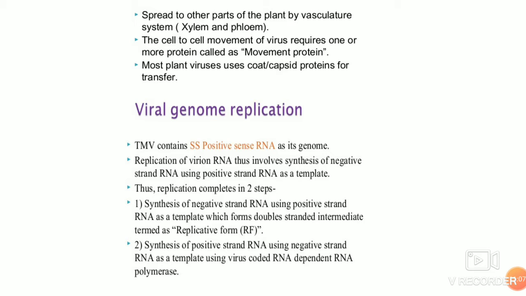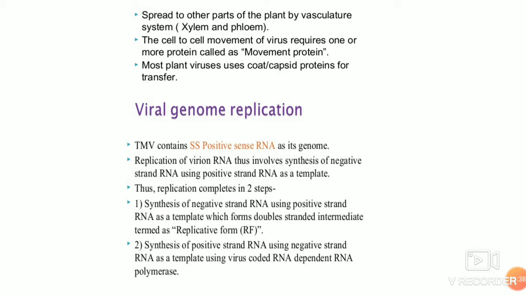First, viral RNA replication. The virus has a single strand positive sense RNA as its genome. Replication of the virion RNA involves synthesis of negative strand RNA using positive strand RNA as a template. The replication is in two steps: synthesis of negative strand RNA using positive strand RNA as a template, which forms the double stranded intermediate termed the replicative form.